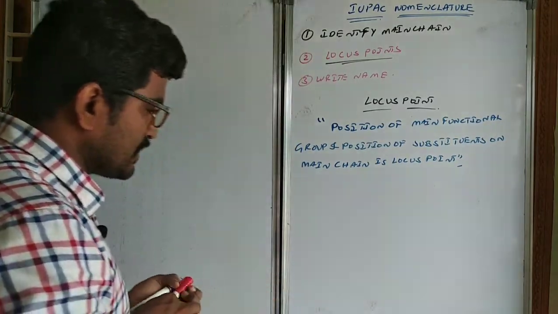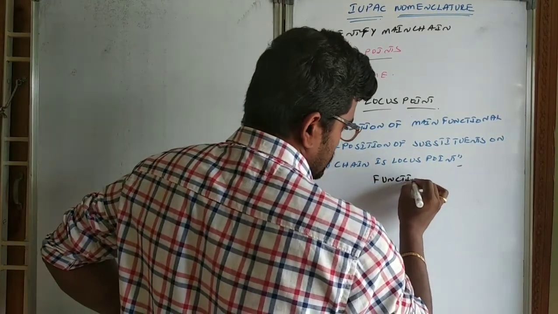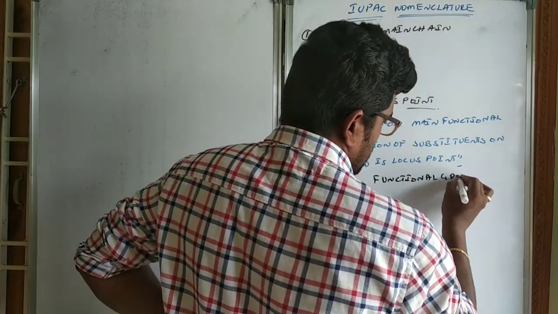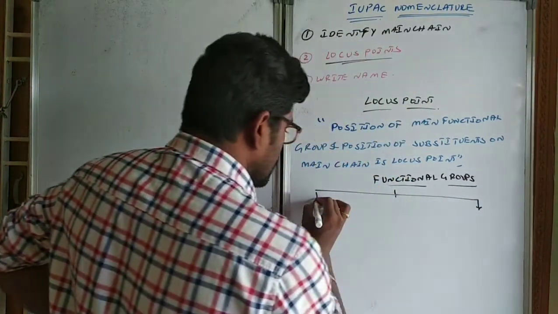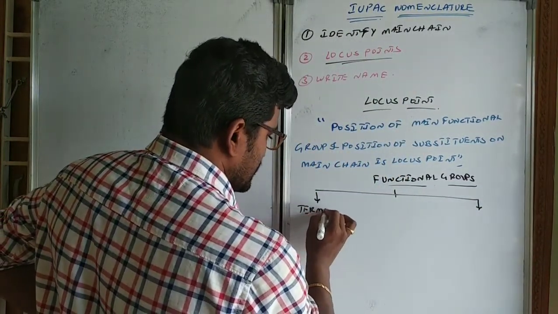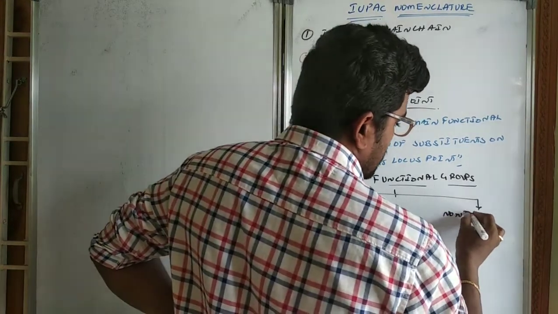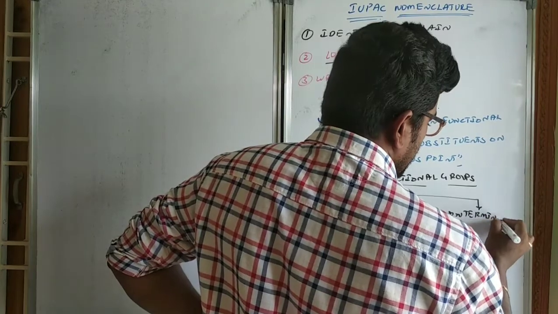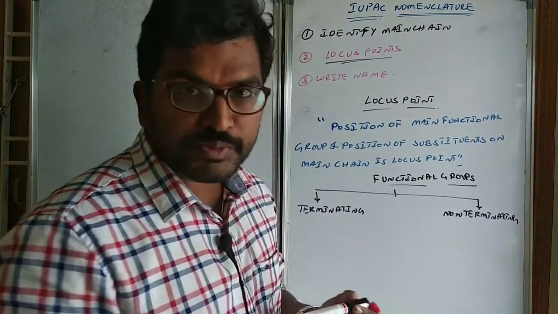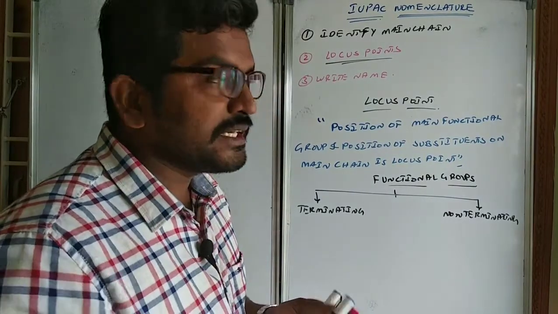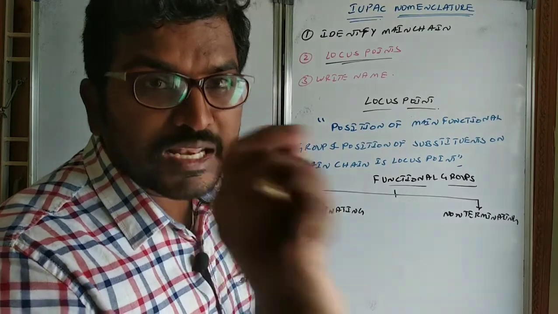If you see the functional groups, these functional groups are of two types: terminating functional groups and non-terminating functional groups. Terminating functional groups means the carbon present in the functional group will end the chain.